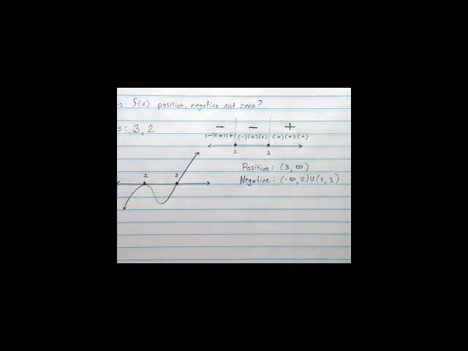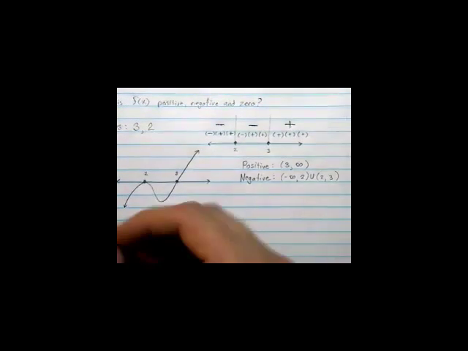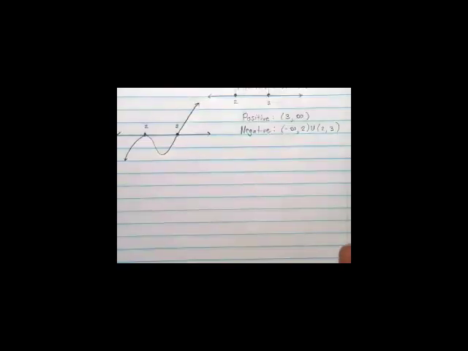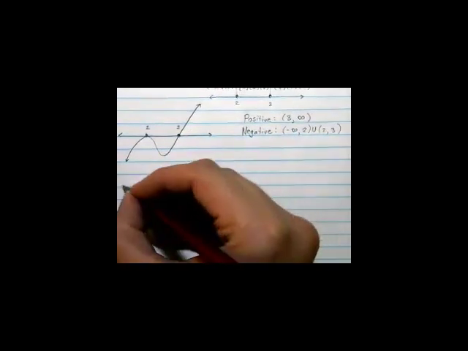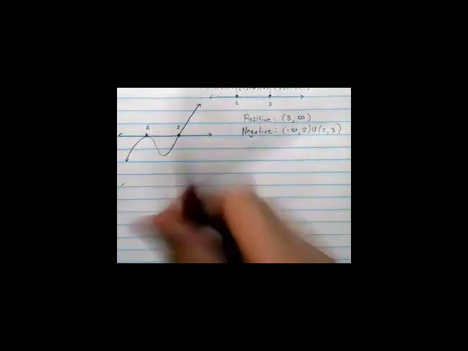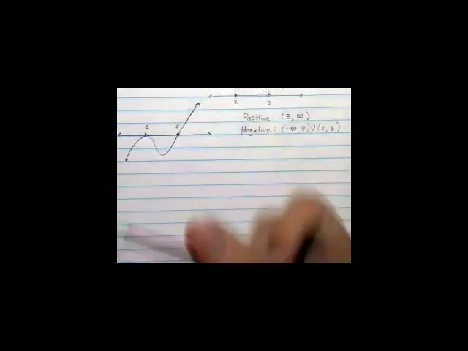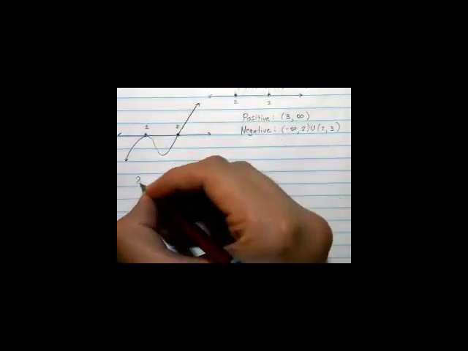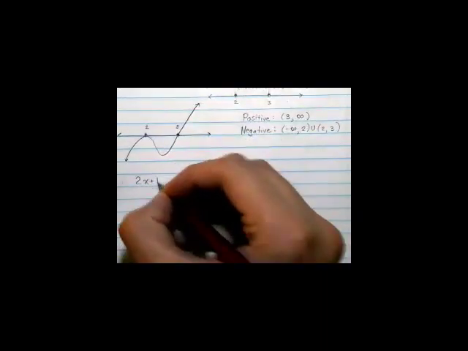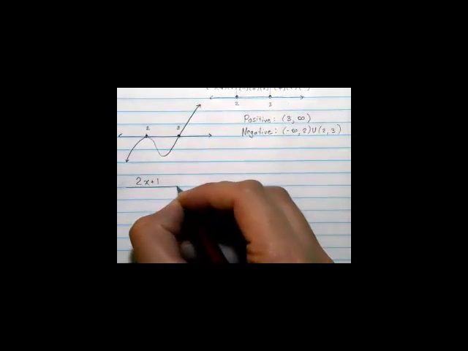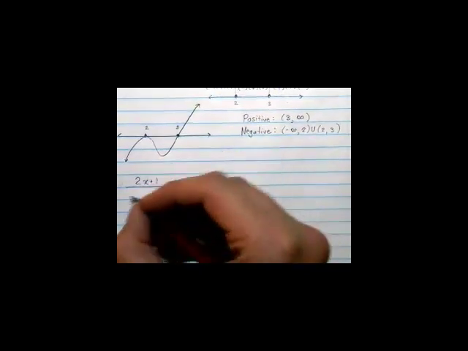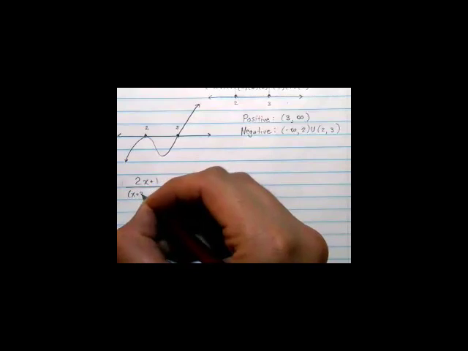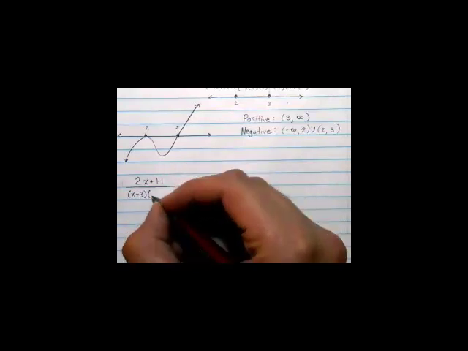So let's try another one here, and we'll see how things change. I want to solve the following inequality: 2x plus 1 over x plus 3 times x minus 1.